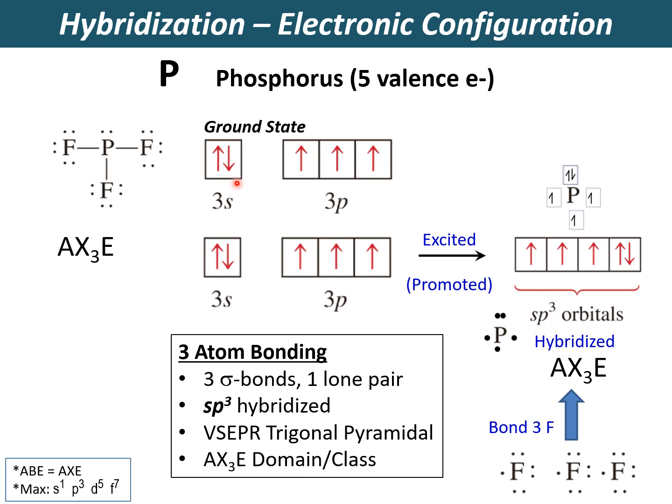We have the ground state of phosphorus. It's going to be a 3s2 and a 3p3. And so, in order to help us do bonding chemistry, we're going to follow the Lennard-Jones theory. We would take 1 electron from the 3s and we would promote it to the 3p.